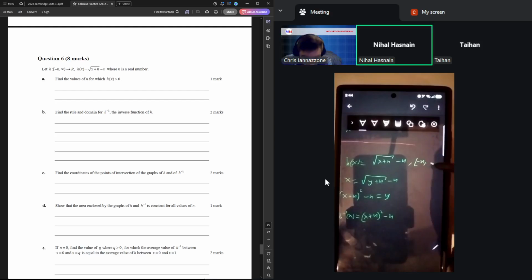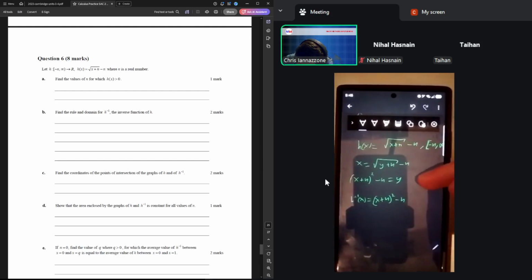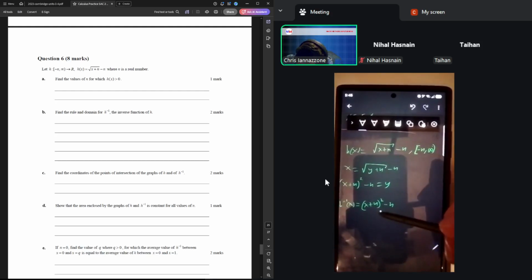The domains and ranges flip. Yeah, domain and ranges flip, exactly right. So if we know that the domain of h, the original function, is from negative n to infinity, then we understand that that means the range of this will be from negative n to infinity.